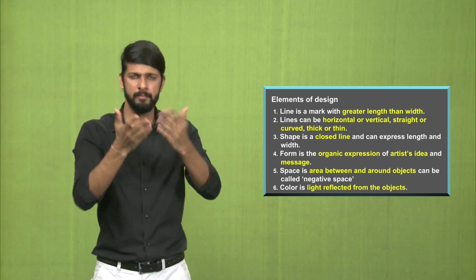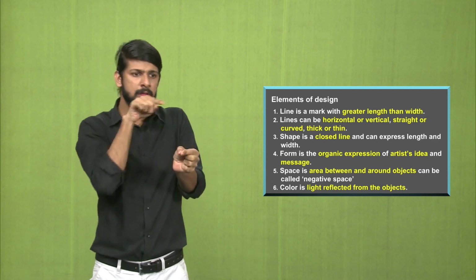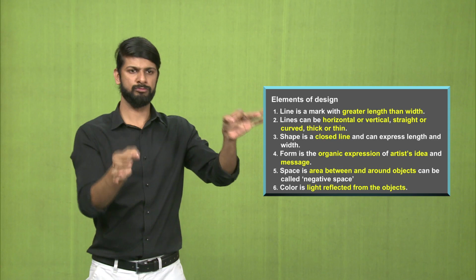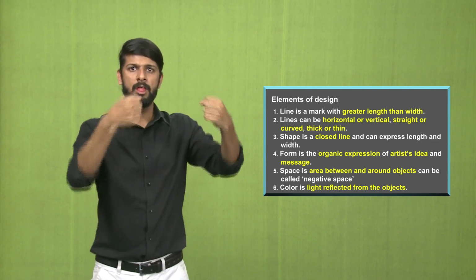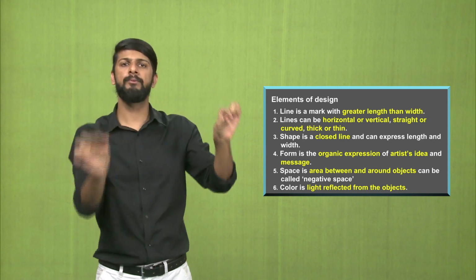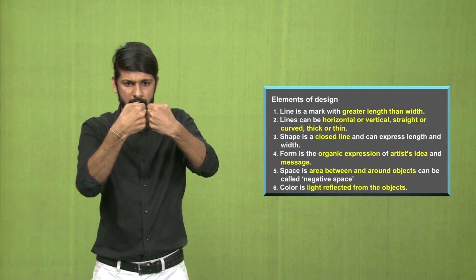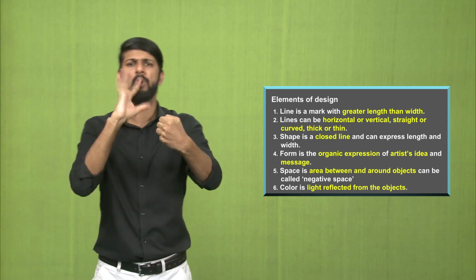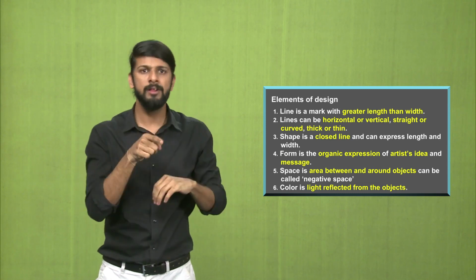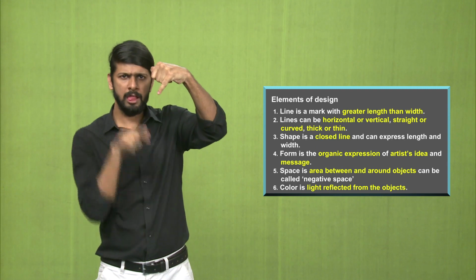The elements of design can be explained as such. Line is actually a mark which is greater in length than the width. So, if you have a vertical line, the length is always more than the width, that is why it is called a line. Lines can be of various kinds.